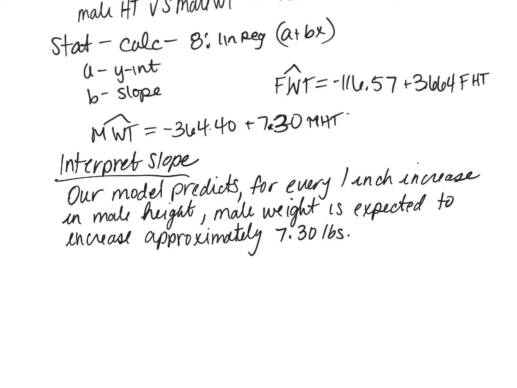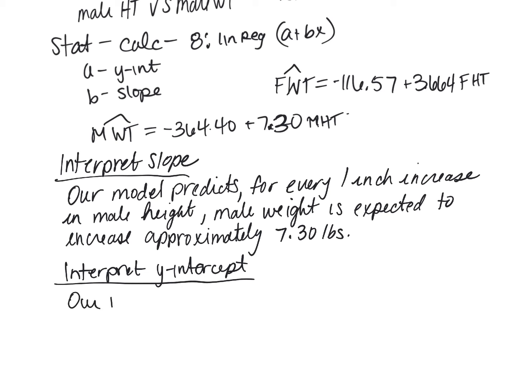Now, this is a place where our y-intercept doesn't have much meaning, right? So interpret the y-intercept. Our model predicts if the male height was 0, okay, again, not possible. Even babies have height, right?